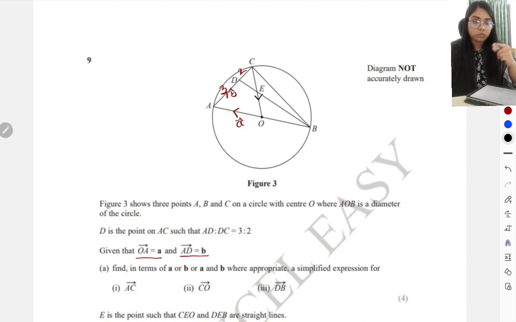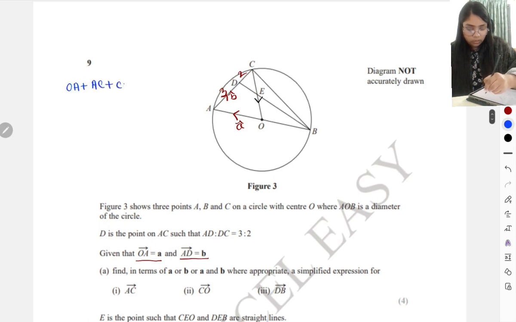So we can write OA plus AC plus CO equals 0, and I'll keep CO on the left hand side and take all the others to the right hand side. So it's going to be negative AC and negative OA.